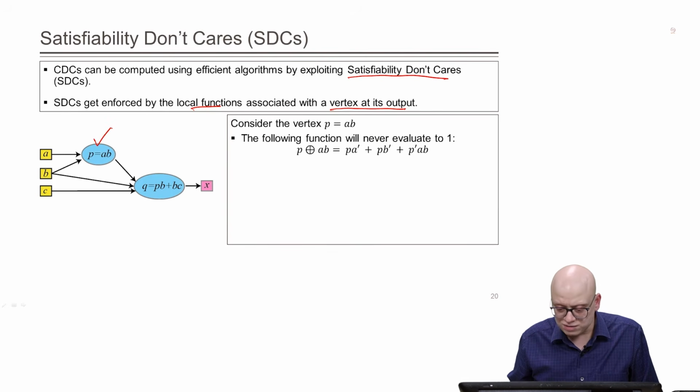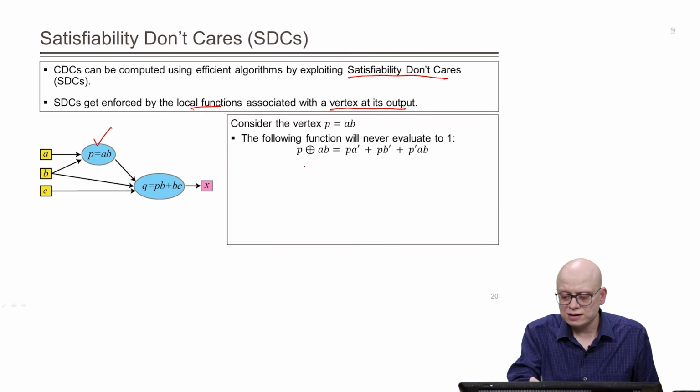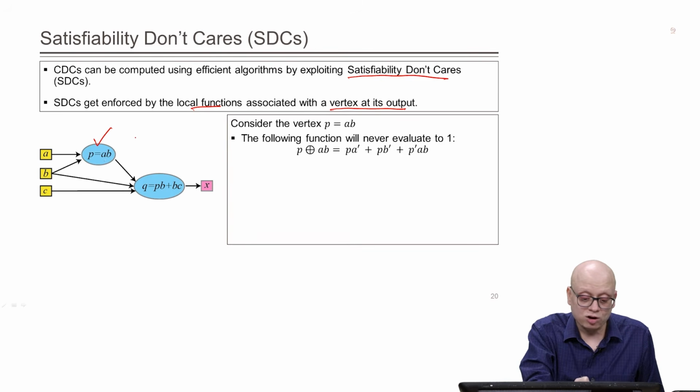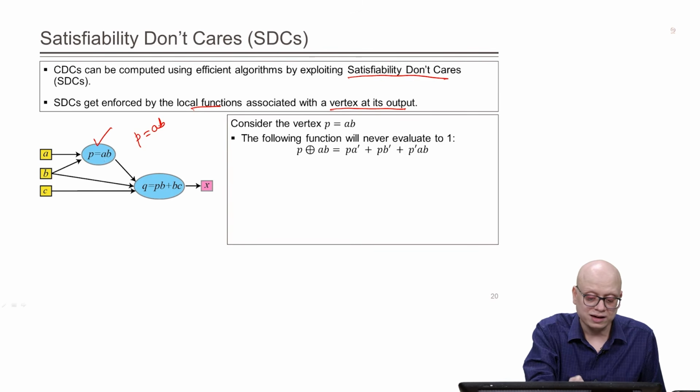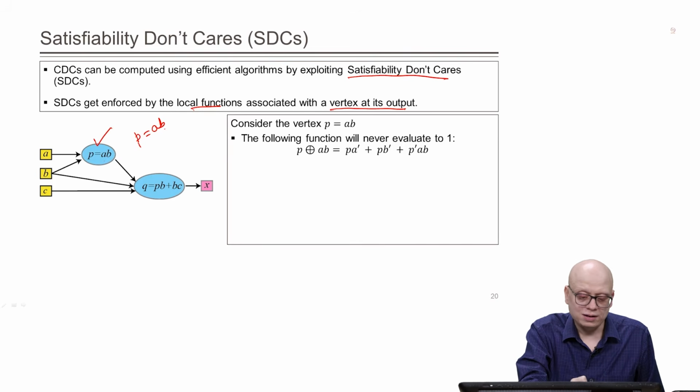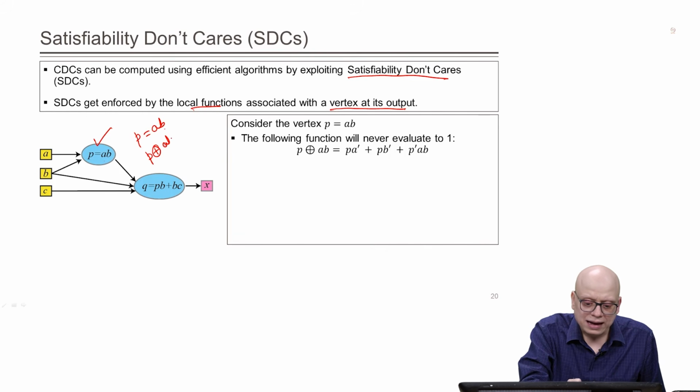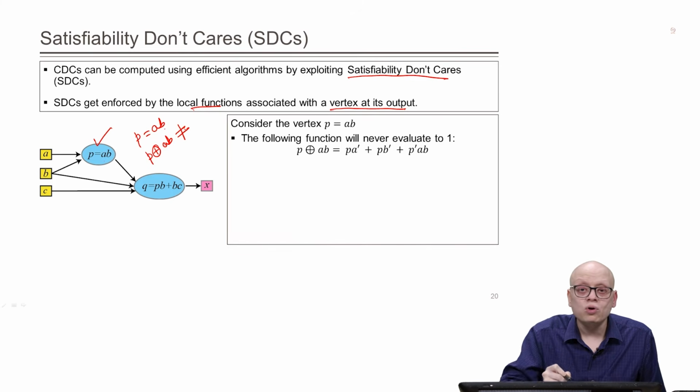Now, for this vertex, the function P XOR AB will never be 1, right? Why? Because P is equal to AB, it will always hold. So, if P is 1, AB will be 1. If P is 0, AB is equal to 0. So, P XOR AB can never be equal to 1.